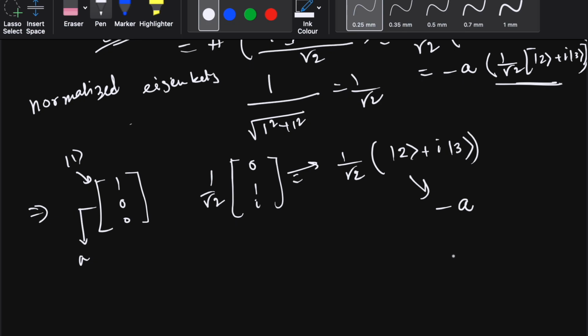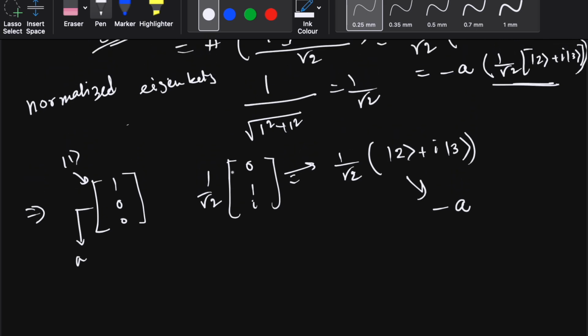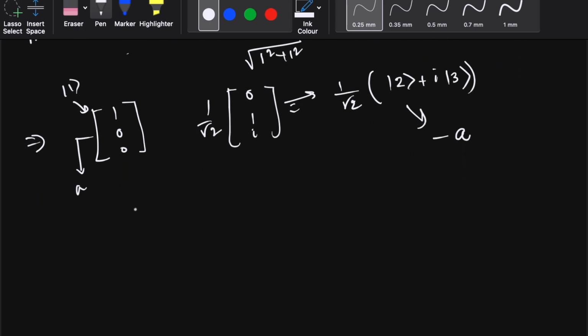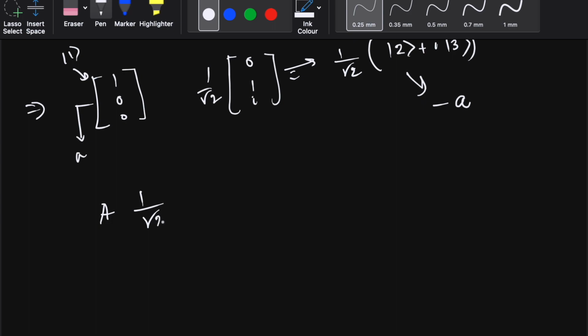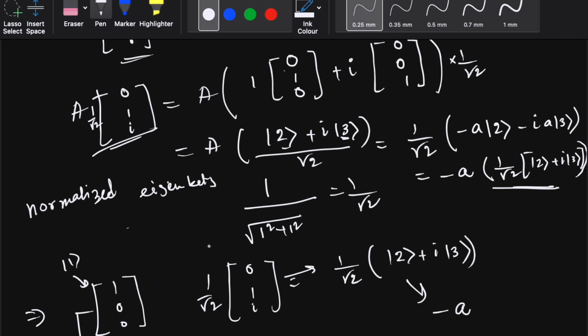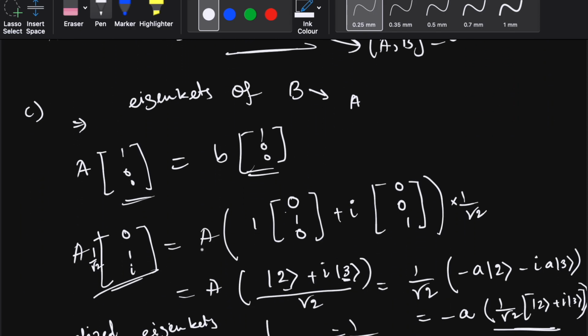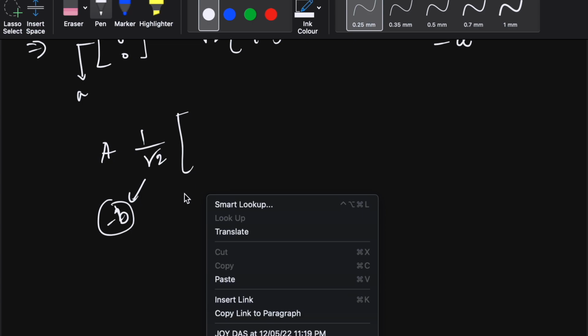Now let us check the other simultaneous eigenket of the A and B operators. That will be 1 by root 2, the normalization factor, and the other eigenket of the operator B with eigenvalue minus b. Why am I saying 2? This is actually minus b, corresponding to eigenvalue minus b.